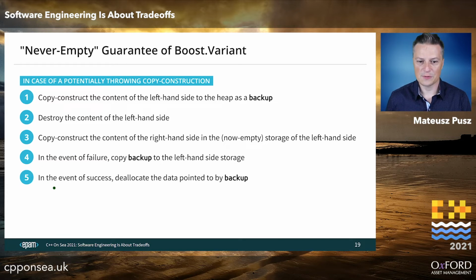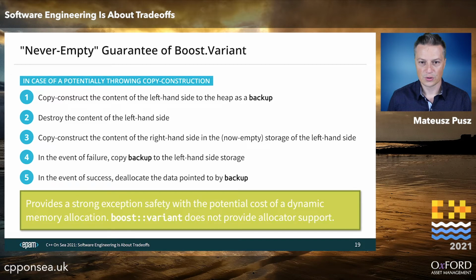If everything is fine and we are able to establish this fast socket, then the basic socket is being destructed on the heap, and the memory is being freed, of course. So boost variant provides a strong exception safety guarantee with the potential cost of a dynamic memory allocation. Additionally, boost variant does not provide any allocator support.